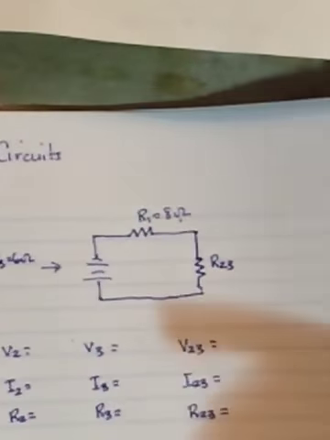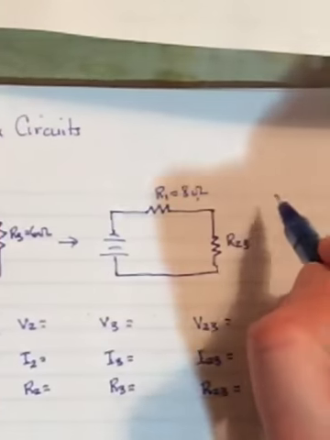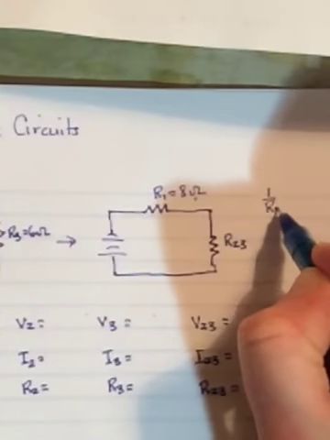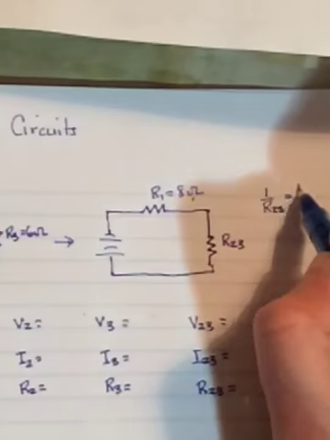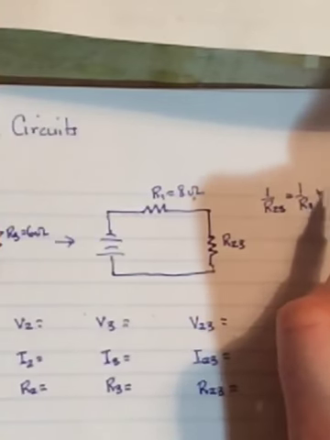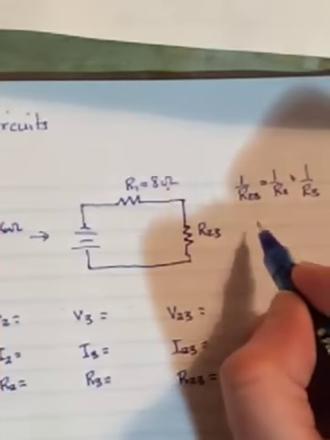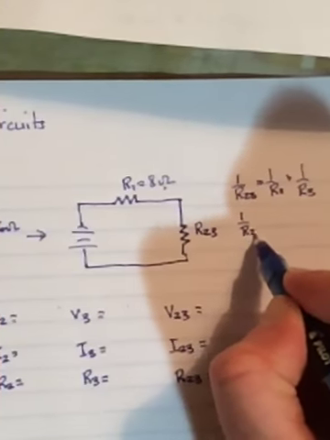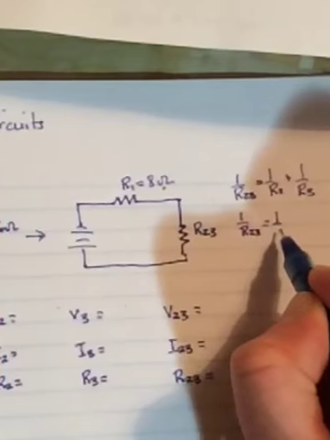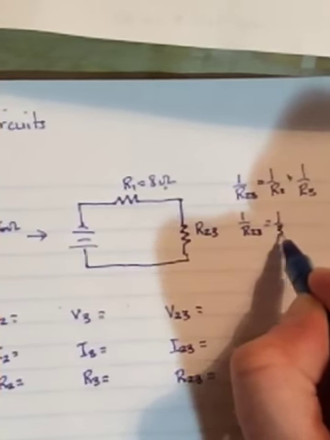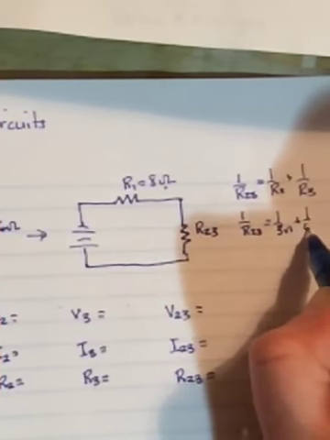So I can find my R23 by doing 1 over R23 is equal to 1 over R2 plus 1 over R3 because they're in parallel. So 1 over R23 is equal to 1 over 3 ohms plus 1 over 6 ohms.